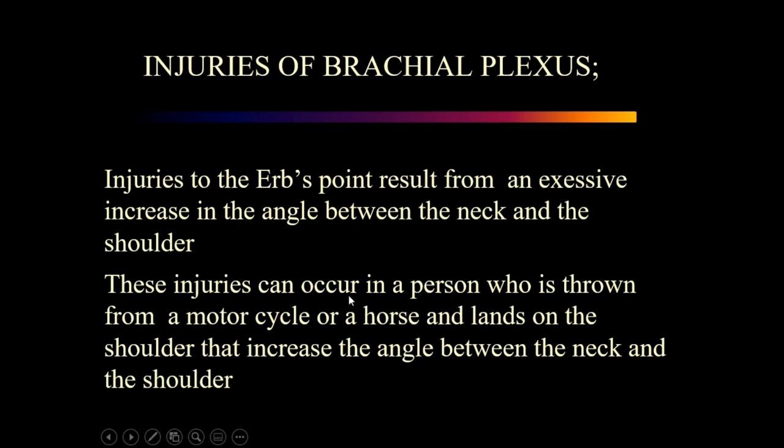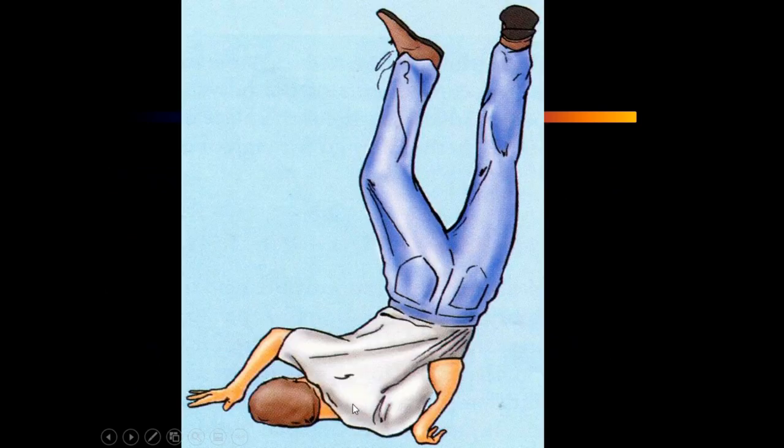So when can it happen? The injuries can occur in a person who is thrown from a motorcycle or a horse and lands on the shoulder, so that the angle between the neck and shoulder is increased. So you can see in this picture how the person has fallen down from, for example, a motorcycle and he has fallen on his shoulder, so that has increased the angle between the neck and shoulder.